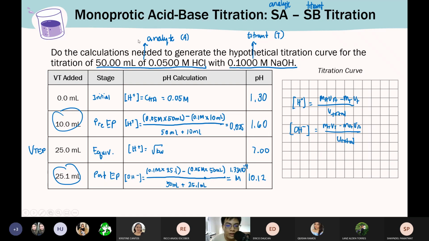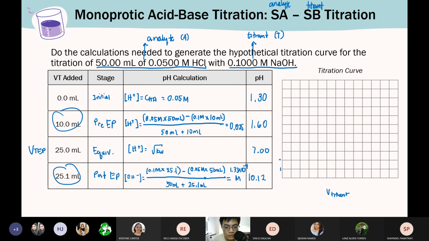If we're going to draw it, nagbubulol na ako. So if you're going to draw a titration curve, that's simple lang. On the x-axis, you have your volume of titrant. And in the vertical axis, you have your pH.